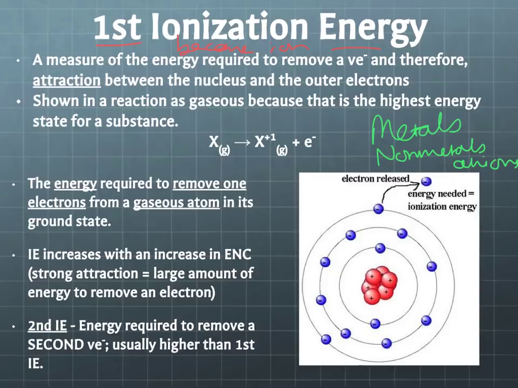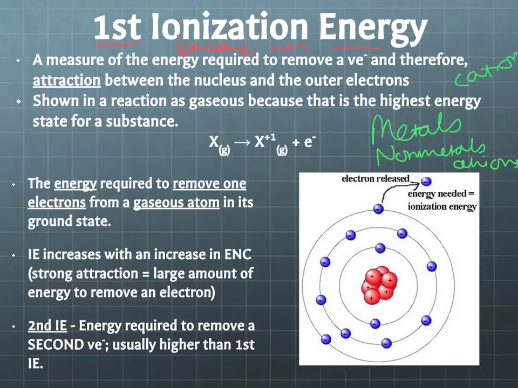Metals are going to have very, very low ionization energy because they want to get rid of those electrons. They want to get rid of those valence electrons. It's easier for them to get to 0 valence electrons and release the next energy level than it would be for the metal to actually gain all the electrons it needs to fill that outer energy level. So when we're looking at first ionization energy, we're referring to how much energy it takes to actually form a cation.